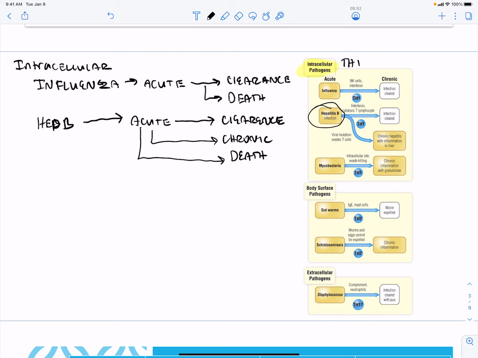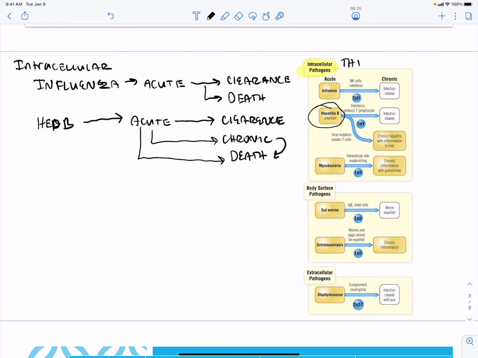And the chronic can also lead to death as well, of course. And so Hep B is a virus that you can live with. It's not like flu, and it's because of location. It's in your liver. And as we know, your liver can take a lot of hits. The liver is able to regenerate itself. It's a very large organ, and it can withstand a chronic type of infection, whereas your lungs and respiratory tract cannot. And so that's why influenza can never go chronic, but Hep B can go chronic.